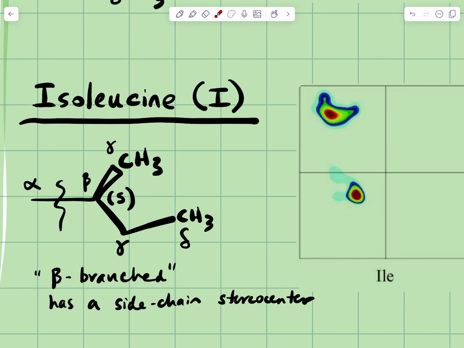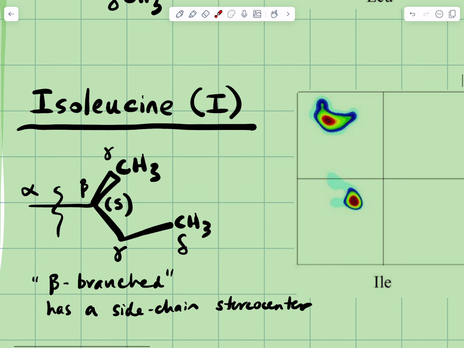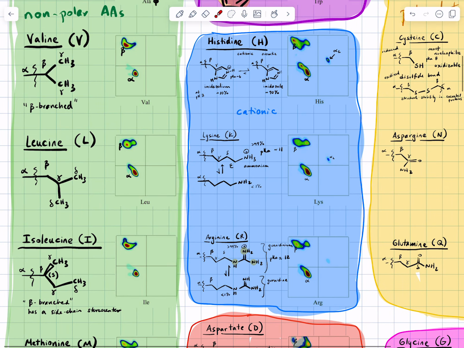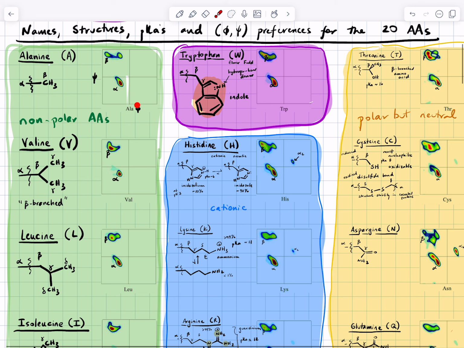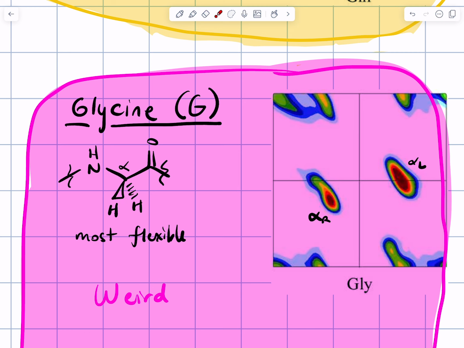I think we also said, you'll notice that most of these amino acids have phi values that are negative, and most of them don't explore the positive region of the Ramachandran plot, except for glycine, which is weird. Glycine lacks a side chain, and so the lack of that side chain opens up this whole right-hand side of the Ramachandran plot.